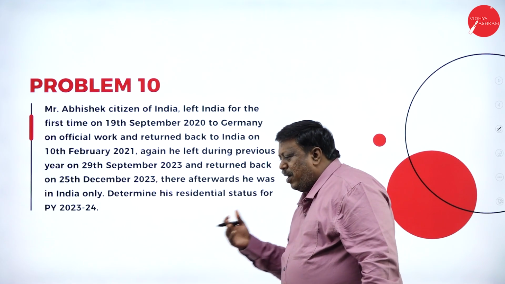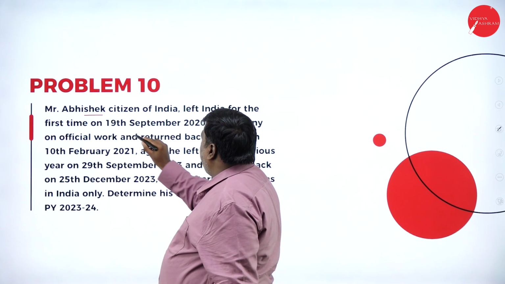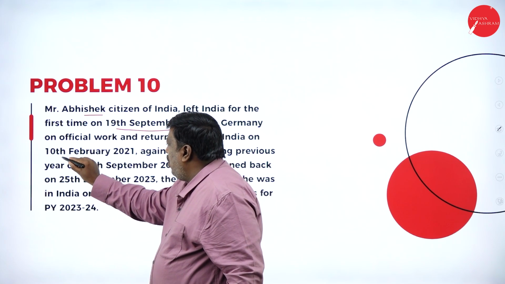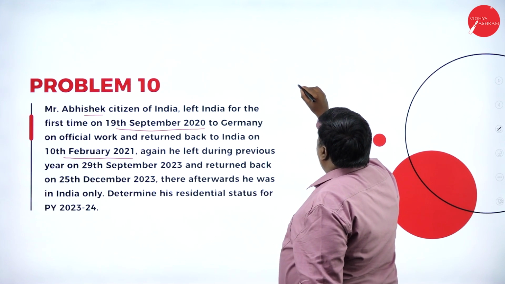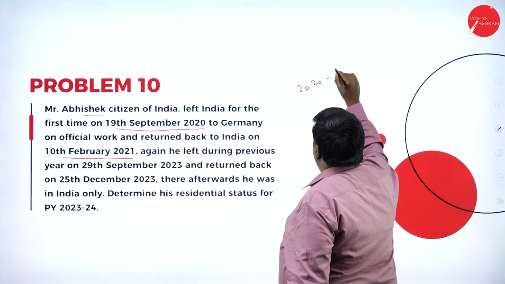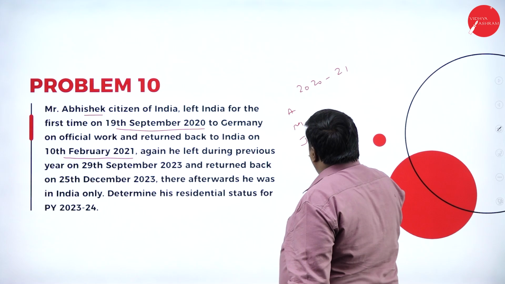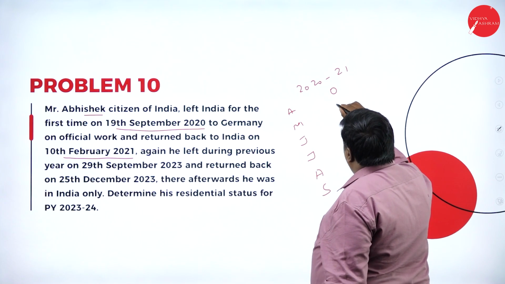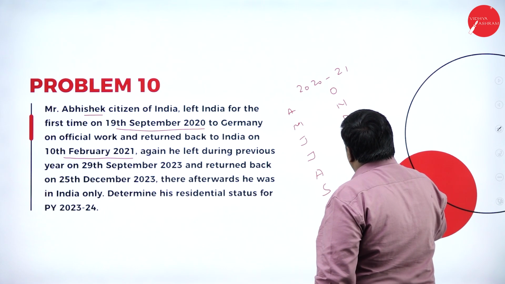Let us consider one more problem. I'm Mr. Abhishek here. I left India for the first time on 19th September 2020 and returned on 10th February 2021. Means in 2020-21: April, May, June, July, August, September, October, November, December, January, February, March.